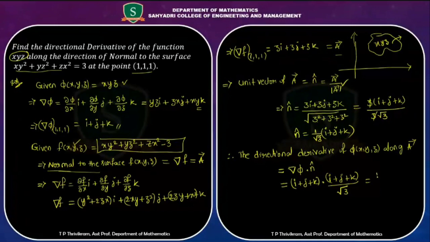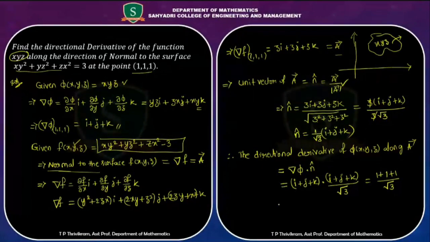So how much you'll get? 1 plus, if you multiply i coefficient into i coefficient, j coefficient into j coefficient, k coefficient into k coefficient, so you'll get 1 plus 1 plus 1 by root 3. We'll get root 3 as answer.